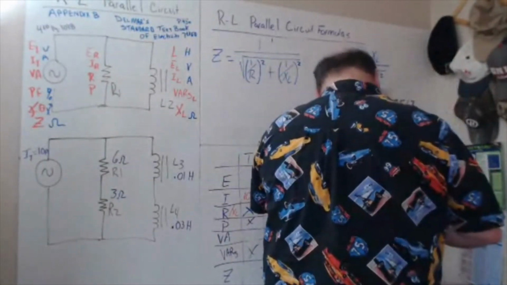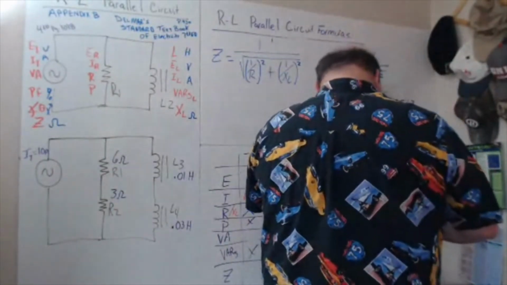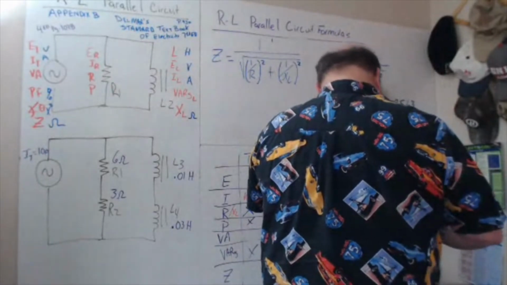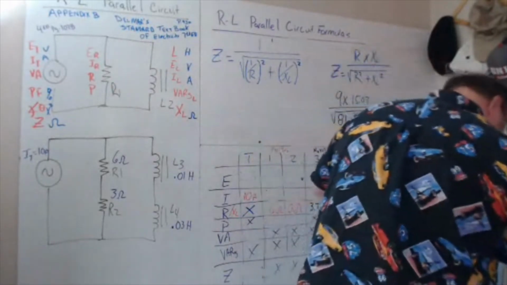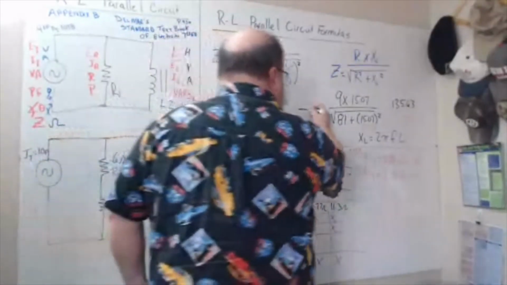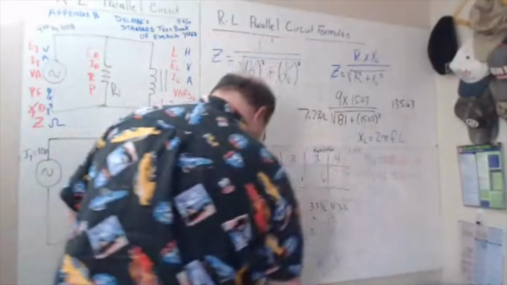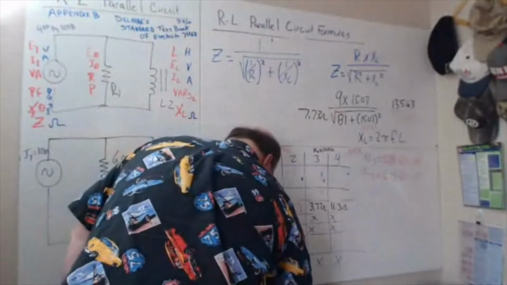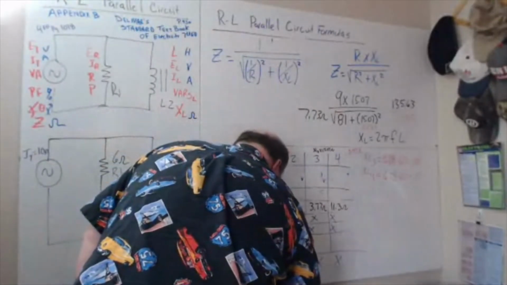That's divided by 17.55 equals 7.73. So my total impedance is 7.73 ohms.